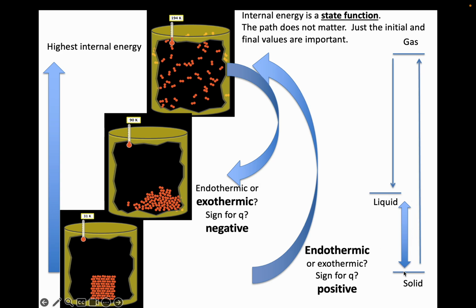If all I'm interested in is the final minus initial, and that can be used to determine the value I'm interested in, that's called a state function. So it turns out internal energy is a state function for us. The pathway doesn't matter. We just need to know the final and initial values.